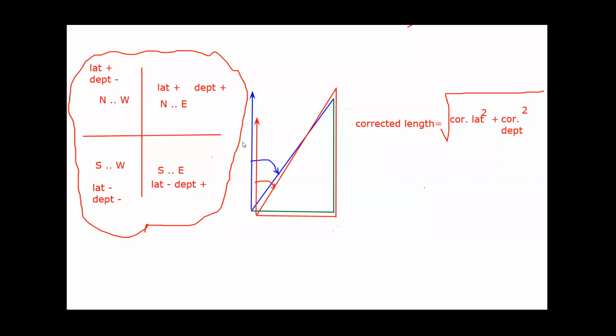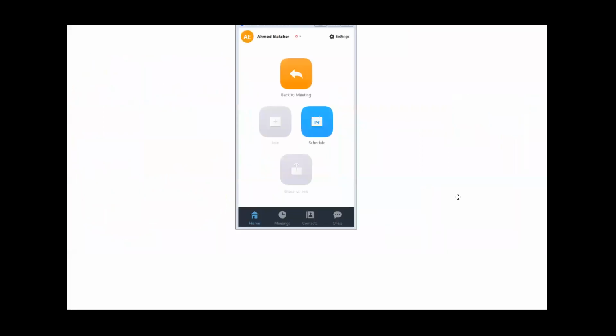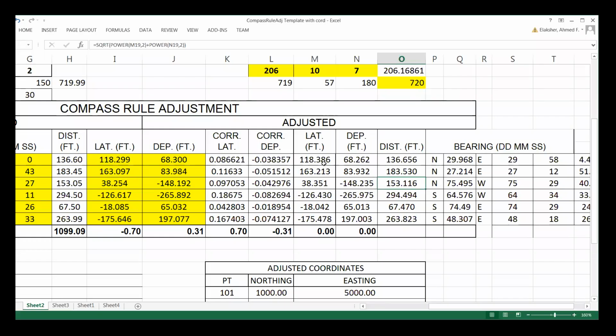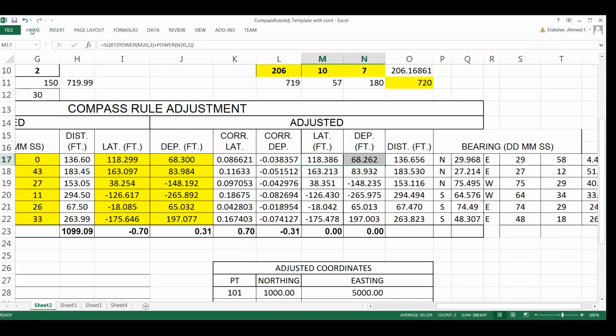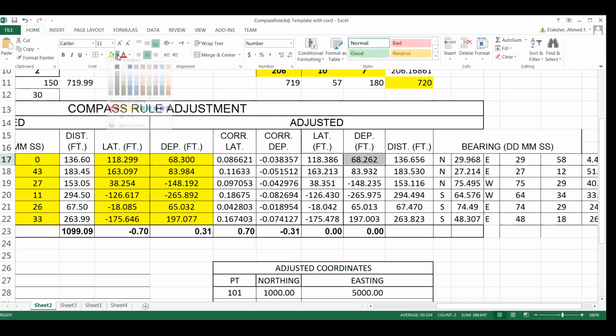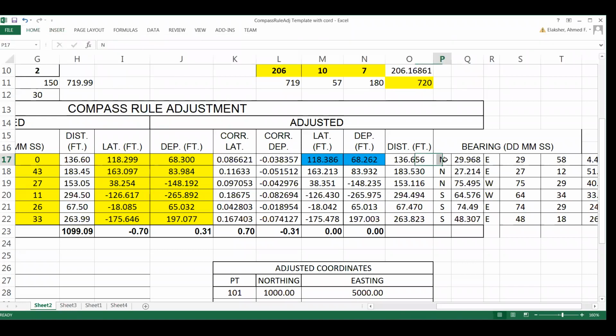Okay, so now we go to the compass here. These two are positives, so northeast. Let me highlight them in colors here. Northeast.